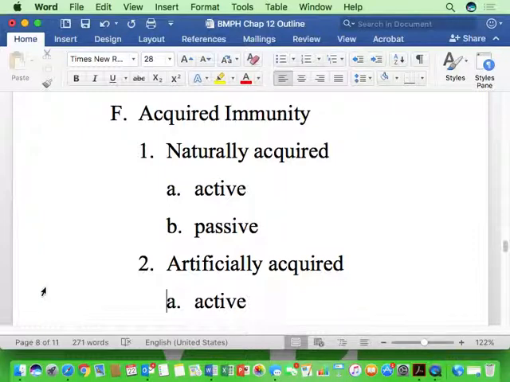Attenuated means weakened. So their presence is enough to cause an immune response, so you are building a memory, but they're not strong enough to cause an immune response that's going to make you sick, make you show the symptoms. But you've got the memory.